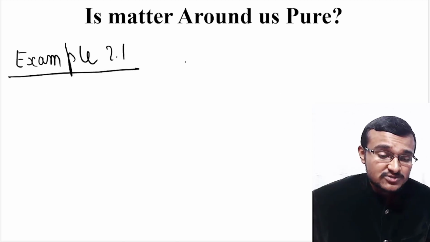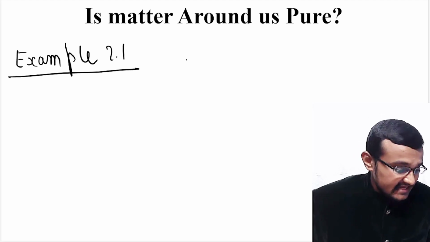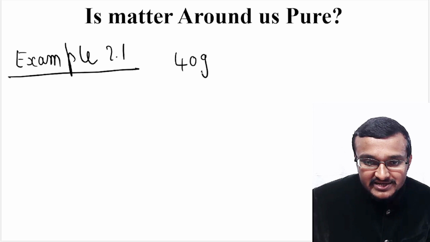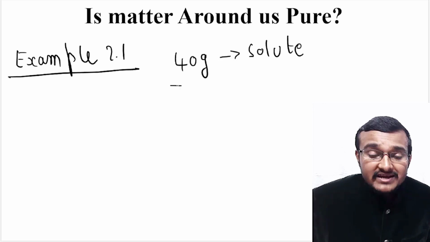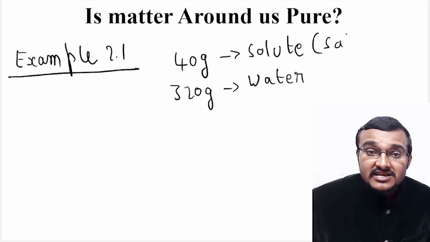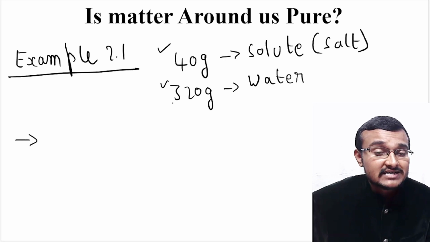Based on this concept, there is one example problem in this chapter where they have given a solution that contains 40 gram of solute in 320 gram of water. Here the solute is salt. They have given the mass of the solute and the mass of the water, but they have not given the mass of the solution.